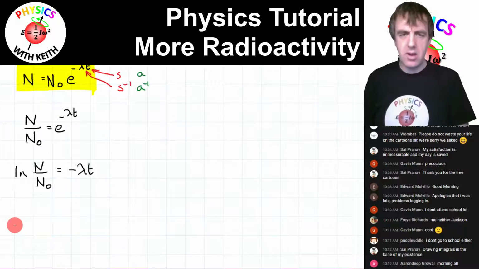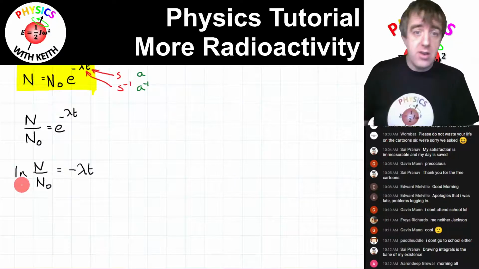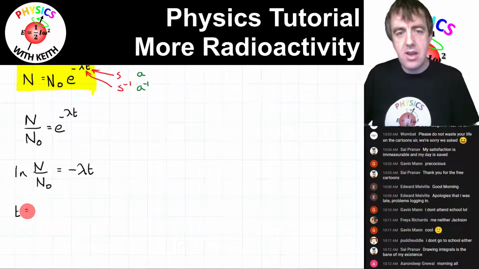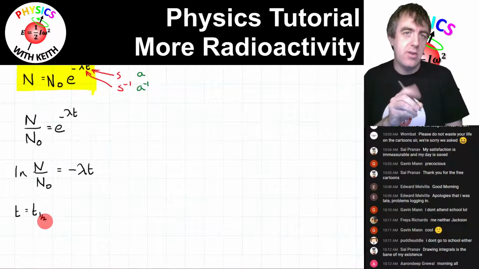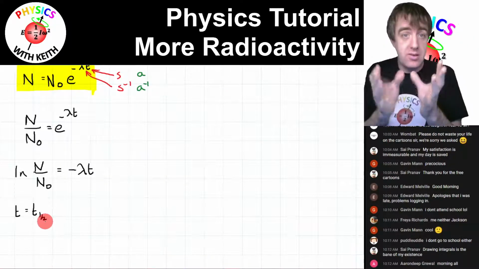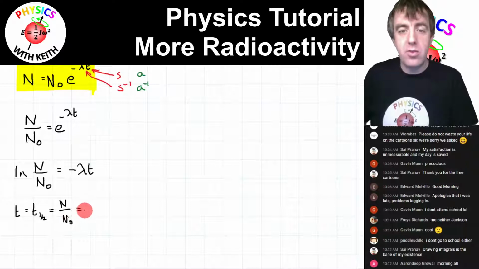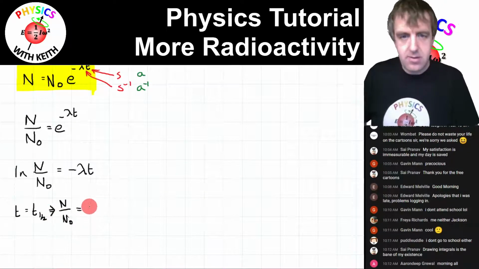Okay, I'm getting closer. I still don't quite know what lambda is because of this thing here. So what we're going to do is take a particular case. Let's say that when the time is equal to the half-life, that's t with a subscript a half, how long it takes for half of the radioactive nuclei to decay, then we'll know that N/N0 will be equal to a half.